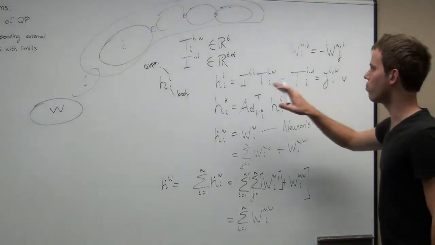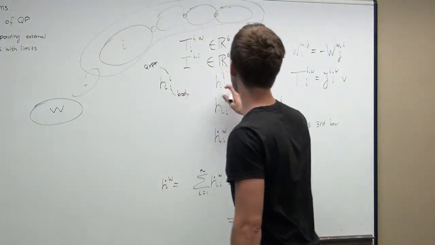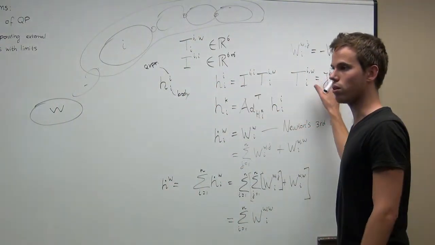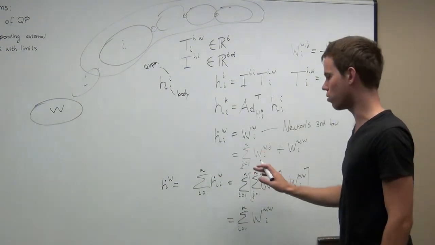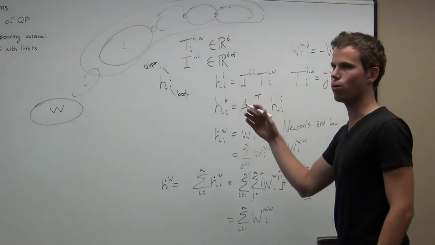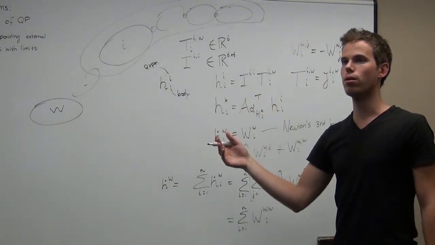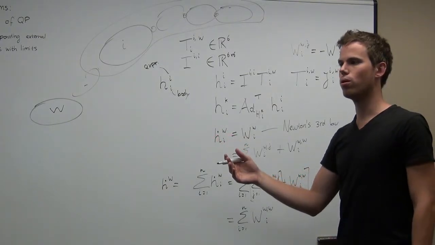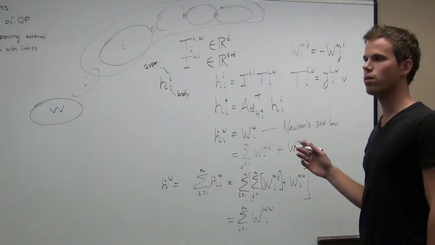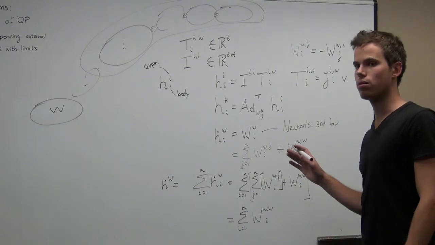Then if we sum all of these up, a sum of linear functions of velocity is still linear in velocity. So the momentum of the robot as a whole is also a linear function of velocity. And then if we differentiate it with respect to time, it's going to be an affine function in velocity.